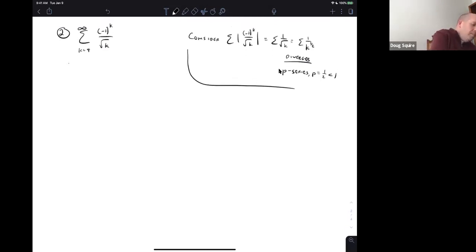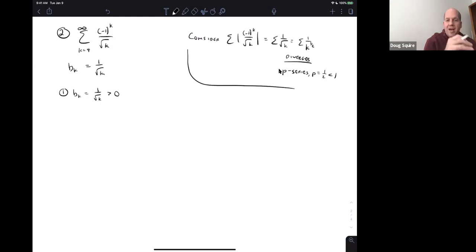Okay, the next thing we do is now we go to the alternating series test. So here, b_k is 1 over the square root of k. So it's the non-alternating part of the series. We show that those three conditions are true. So first, b_k is positive. So 1 over the square root of k is greater than 0. That's clearly true because square root's always positive.